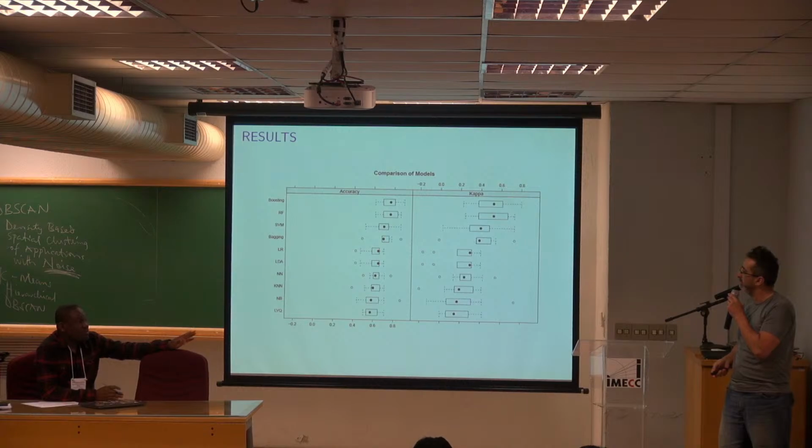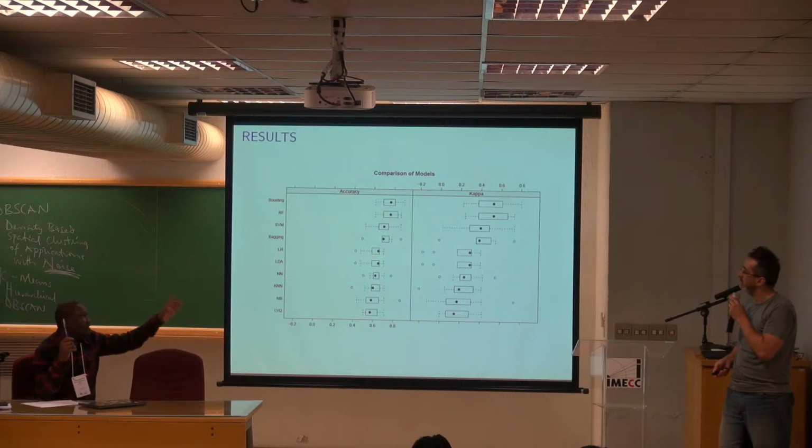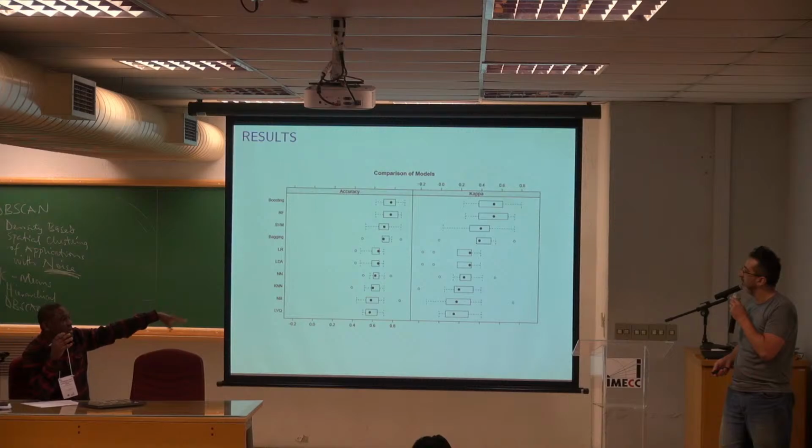So that is why most of the time ensemble models will do better. Also here, boosting will do better, right? They are more complex than individual models like naive Bayes and KNN.